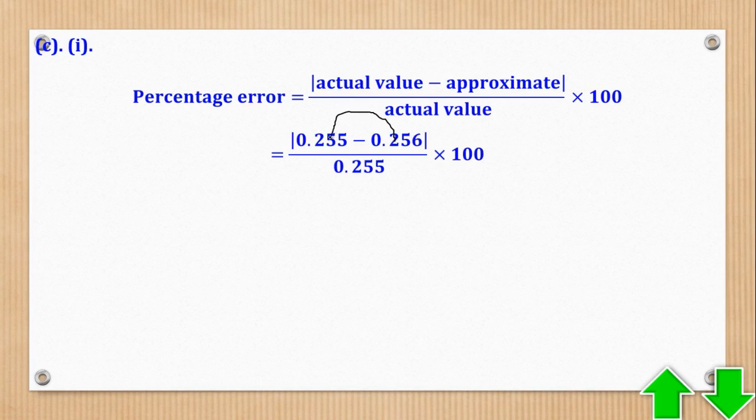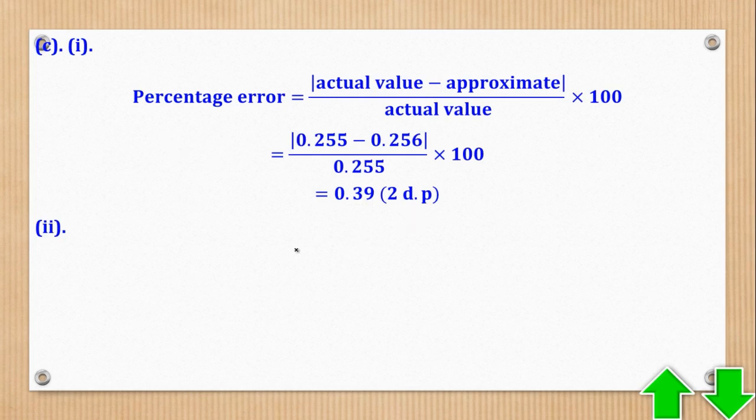That will not be okay. The order matters. Actual minus approximate. And the magnitude signs have to be seen. So I'll come up with this as the answer to 2 decimal places. Negative is not there because of this magnitude sign. Magnitude means what is negative becomes positive.